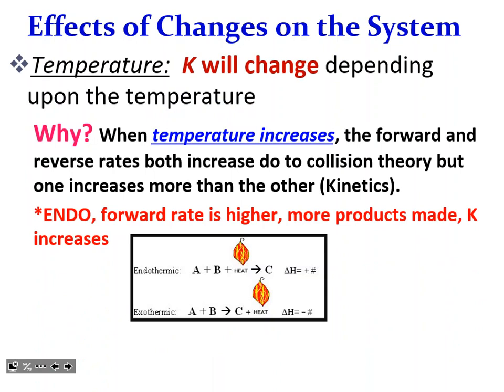So we're going to get a new K value. And it's going to create more of a top number, more of the product number. Okay, so K equals P over R. This number is going to increase because the temperature is going to make more products, and it's going to alter your ratio.